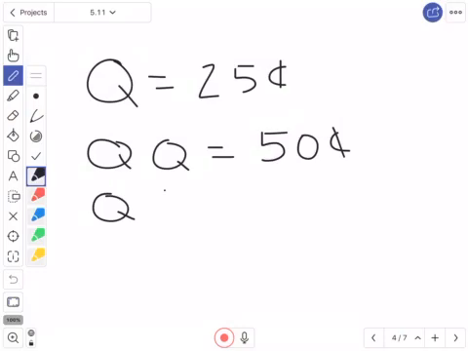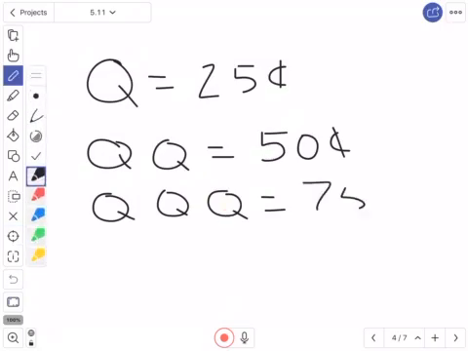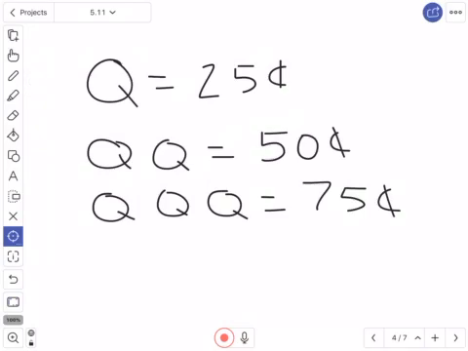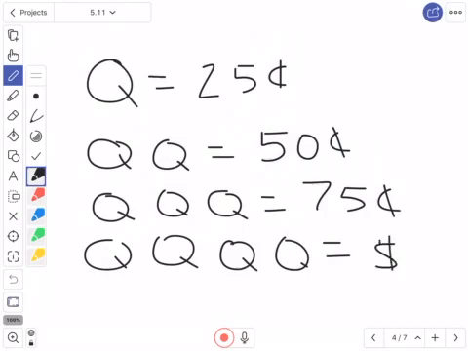If I have 3 quarters, 75 cents. And we'll do one more. If I have 4 quarters, all 4 of them, that equals $1. Or I can say 100 cents.